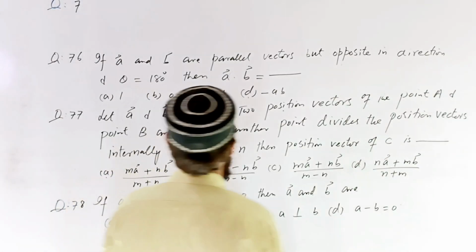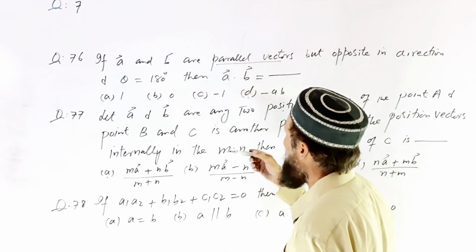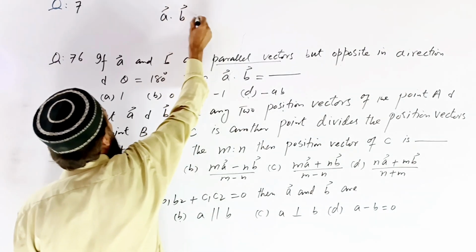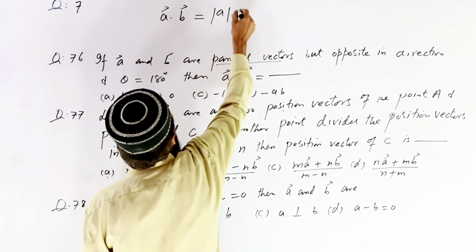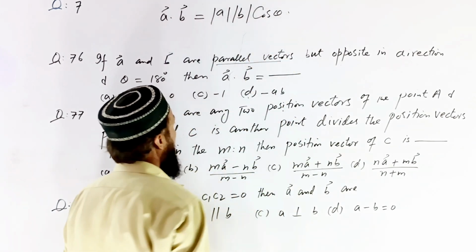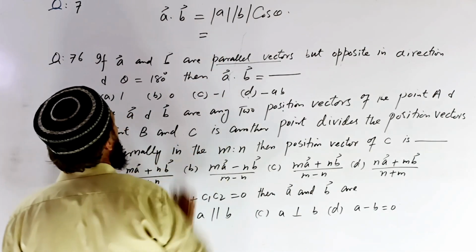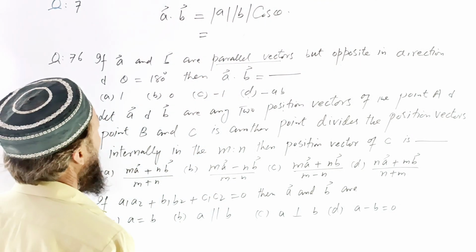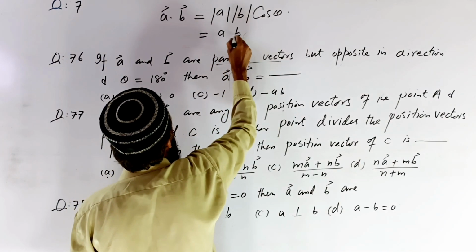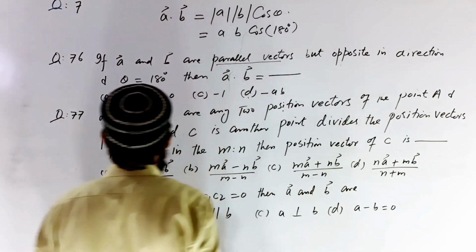Parallel vectors are required. Then A dot B is equal to what is the result? The dot product is given according to the dot property, so we are applying A magnitude and B magnitude cos theta. Here theta is also given, and A magnitude and B magnitude are also given. So A magnitude is A and B magnitude is B, cos theta, theta is 180 degrees.